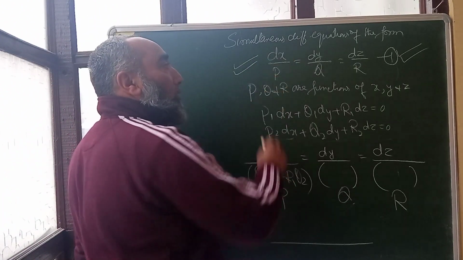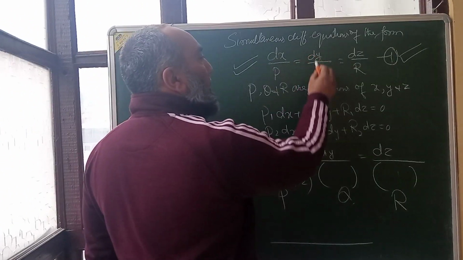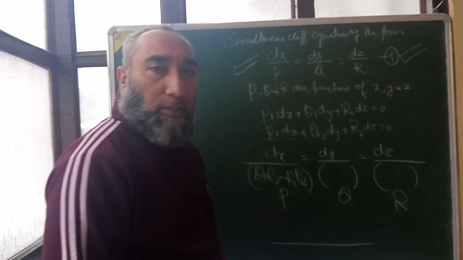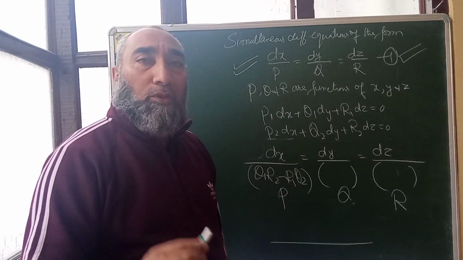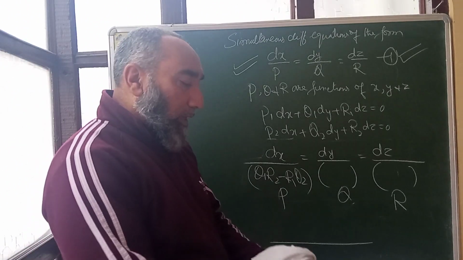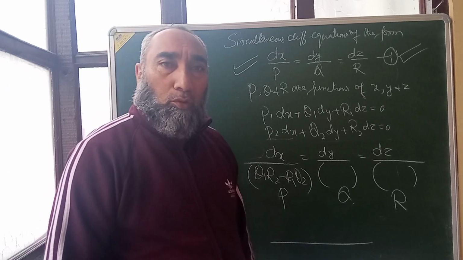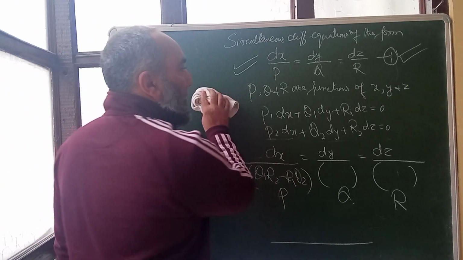If you have a differential equation of the form dx by p, dy by q, dz by r, this represents simultaneous differential equations. And I have said that there are 4 rules to solve such type of equations.